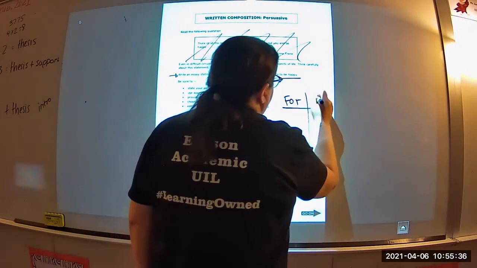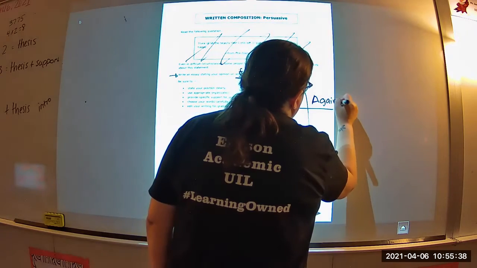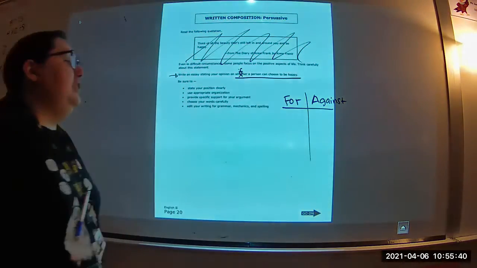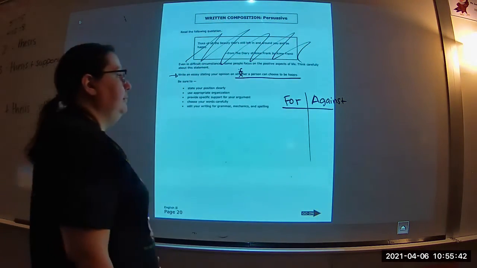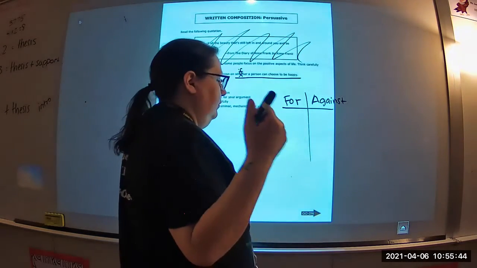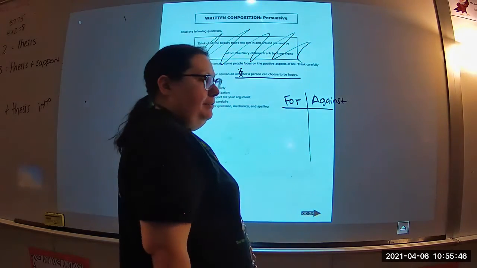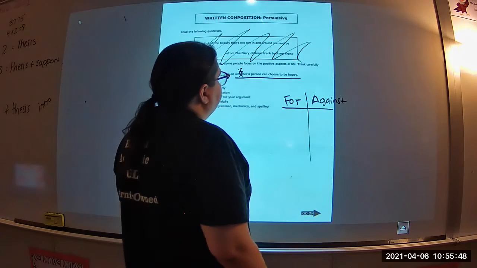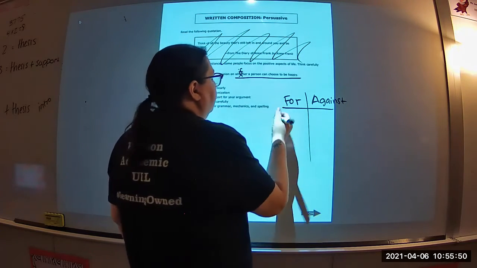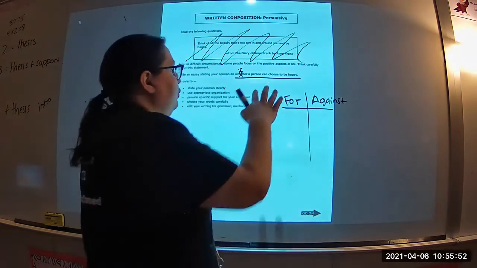For, against. Now I need to change it into a because statement for. How can I change that into a because statement? Don't get fancy. Just use the words from here.